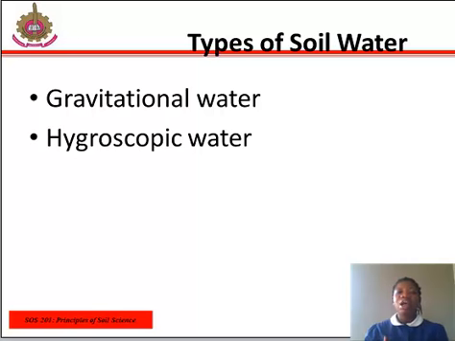So the gravitational potential exceeds the matric potential. The extra water is called gravitational water. It drains through the soil profile, usually within 24 to 48 hours in a well-drained soil, and air is pulled into the large soil pores during drainage.